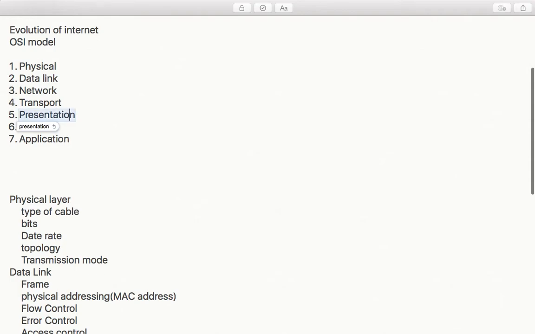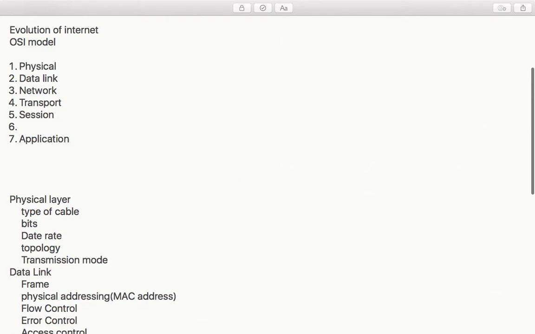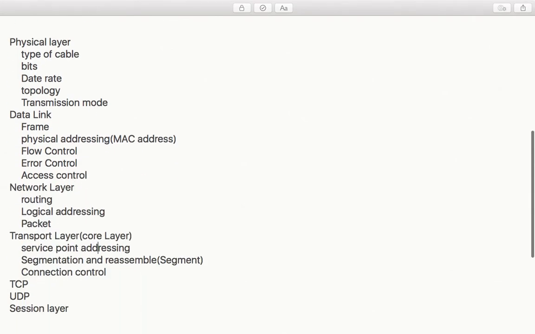The first comes the session layer, then the presentation layer. Now we'll come back to the session layer.